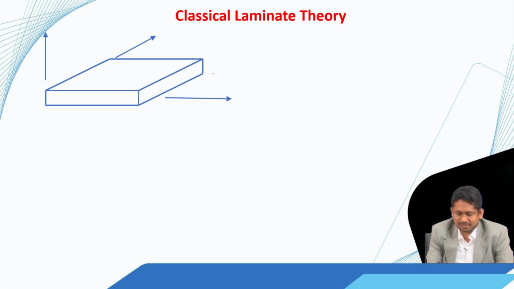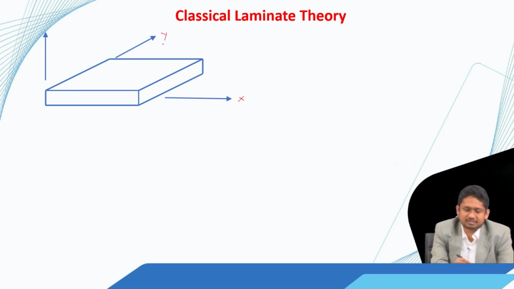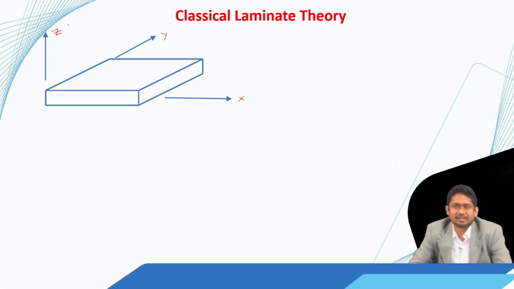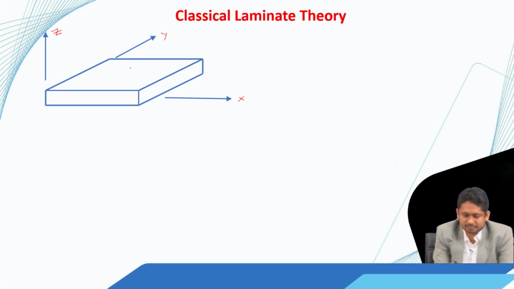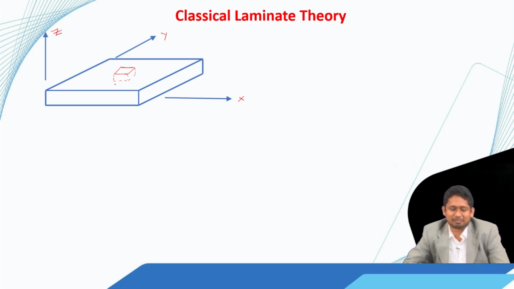Now, let us assume this is our laminate and we define an axis system x, y, z, and let us now consider that we take a small piece out from the laminate.